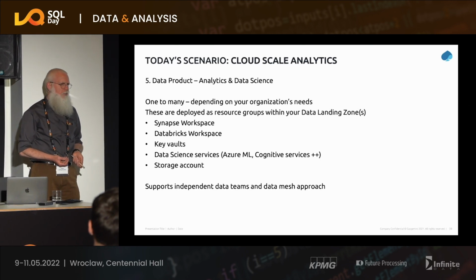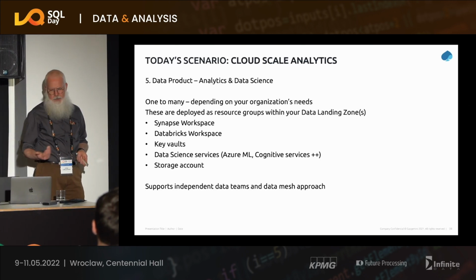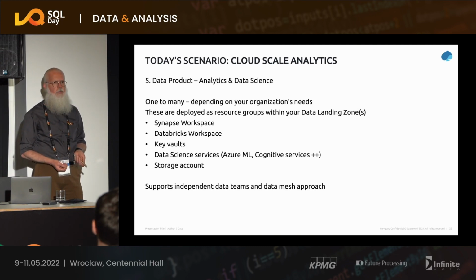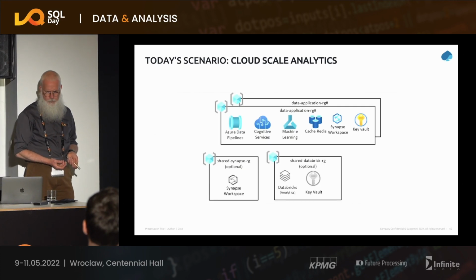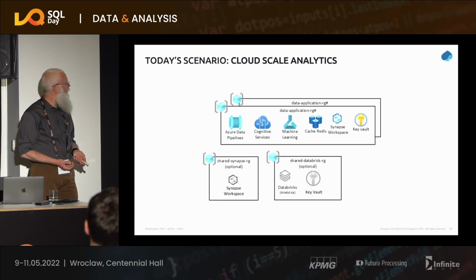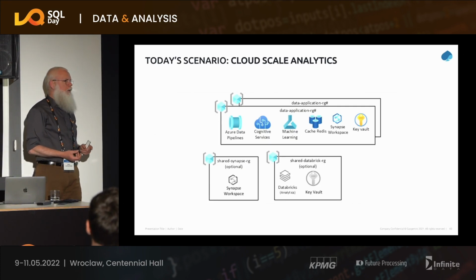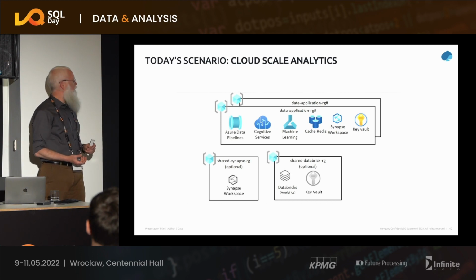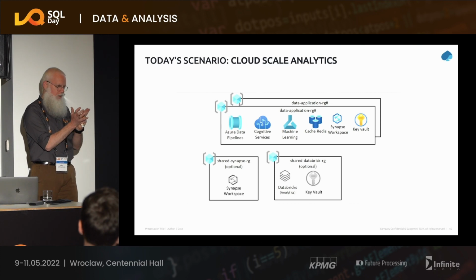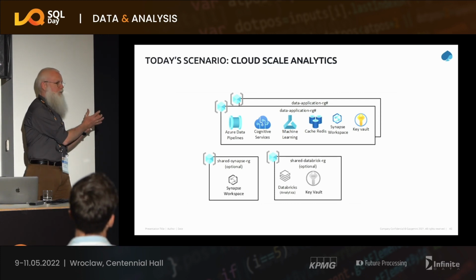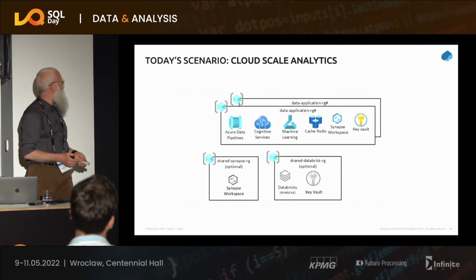And this is either you call it data mesh or independent data squads or teams. It's a pattern to support those kind of needs. And from a data mesh perspective, it says shared here, but that's typically then for each separate data product, you have these set of services that are shared within that data product.